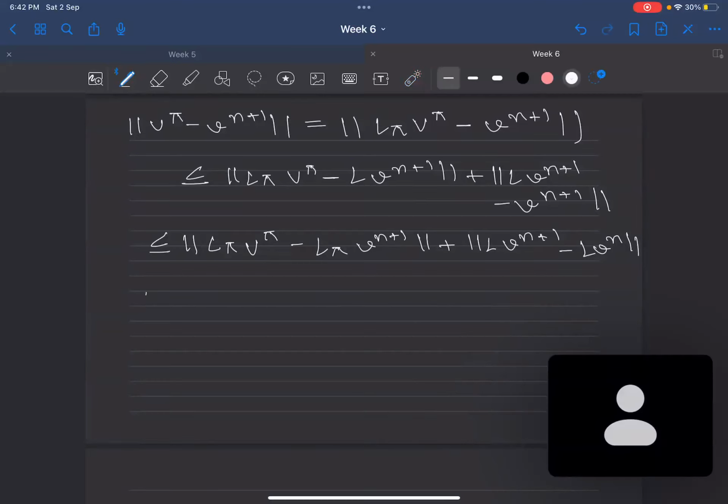Okay, the next equation. Wrote it as gamma, took it common.